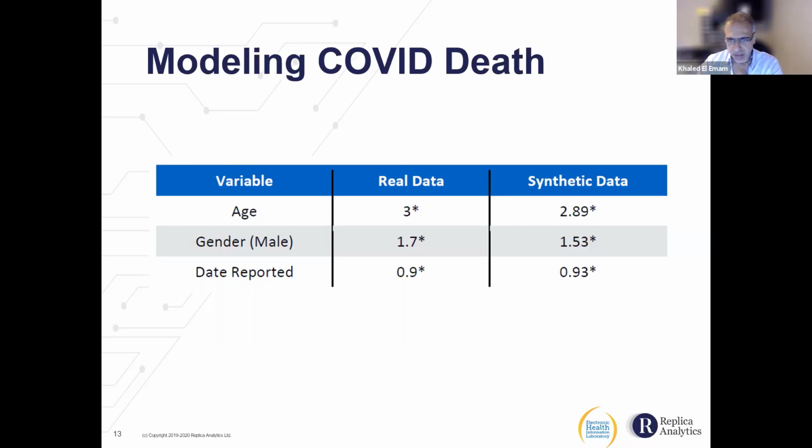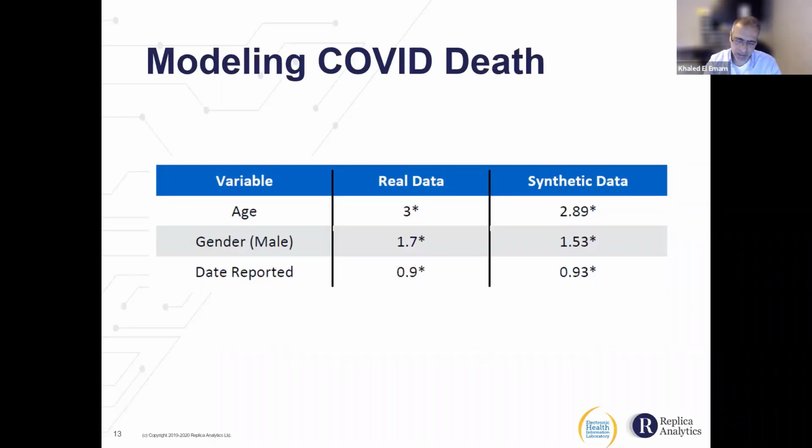And here you can see the odds ratios for this model between the real and synthetic data sets. The asterisk means that the value was statistically significant at the 0.05 alpha level. As you can see, the actual odds ratio values are very similar to each other between the real and synthetic data sets. The conclusions are the same from the perspective of statistical significance, and directionally also they're the same.